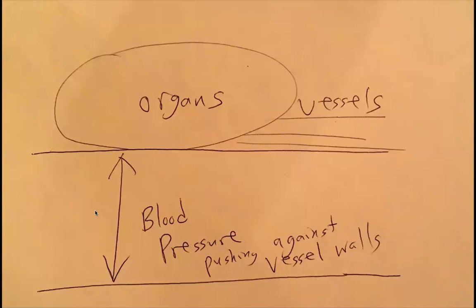So this is one of the reasons why when we have someone with, say, congestive heart failure, someone who you would expect to have, well, the word congestion says it all, increased pressure, a congestion of fluid in the blood vessels, that causes an increase in hydrostatic pressure, an increase in the pushing against the walls of the vessel.